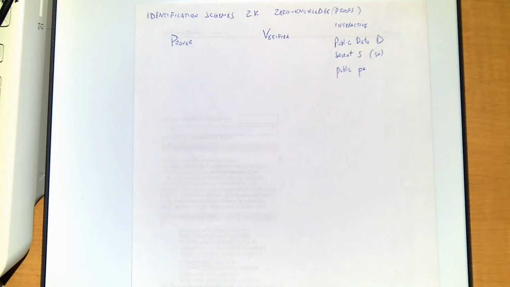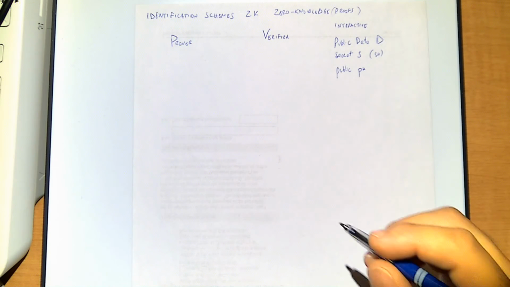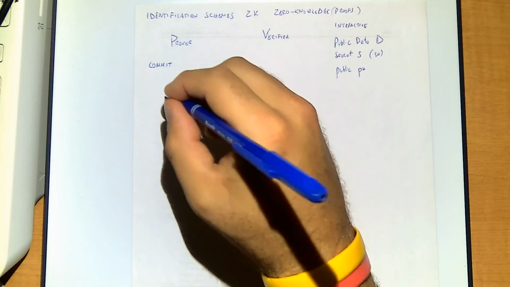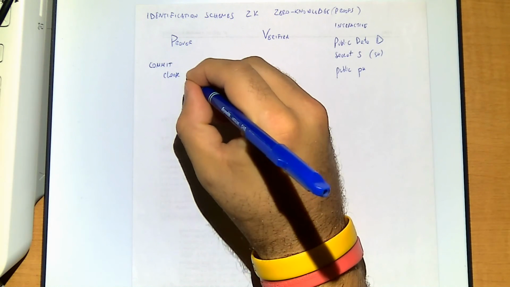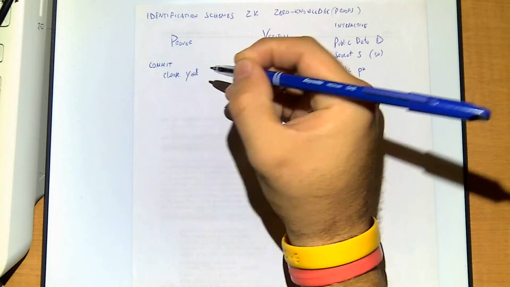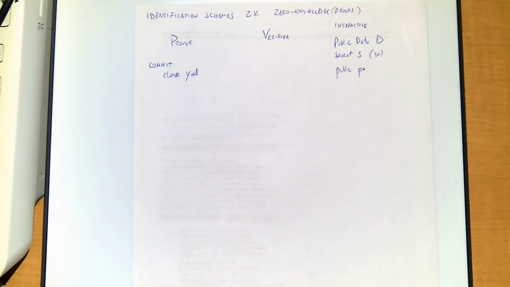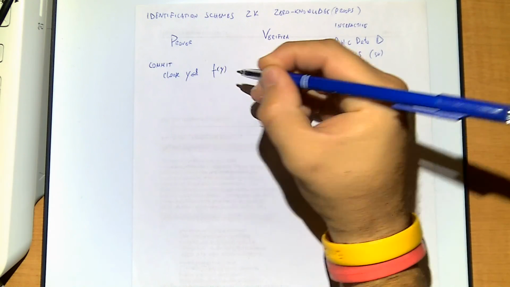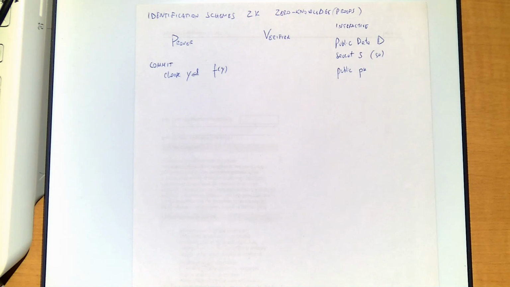The simplest way, and I like to look at it as really a table because it's interactive and easy to visualize. Essentially, the first thing you do is a commitment step, and you usually, for example, choose some sort of random object, and commit a certain function which should be hard to invert.